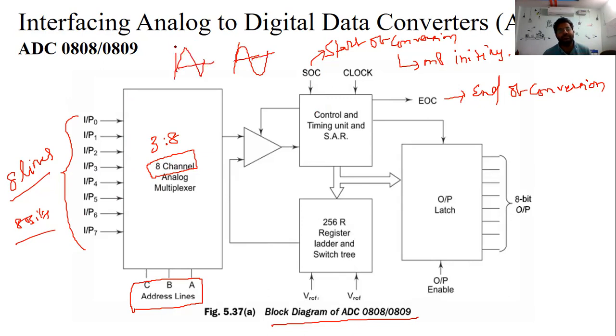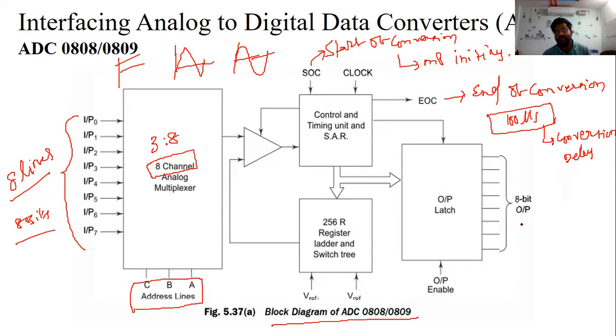Once the ADC converts that signal, it sends a signal to the 8255 PPI that the conversion has ended. In between start of conversion and end of conversion, it takes some time to convert. We can assume that time as 100 microseconds. We call this the conversion delay or delay time.